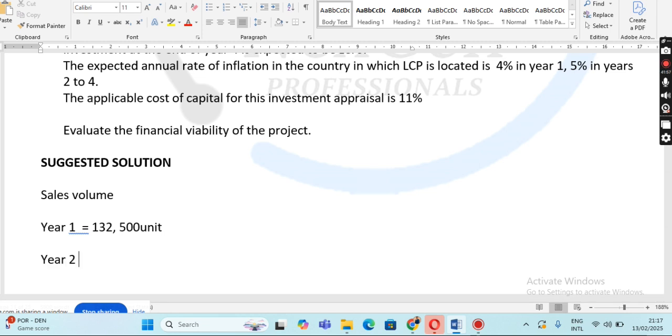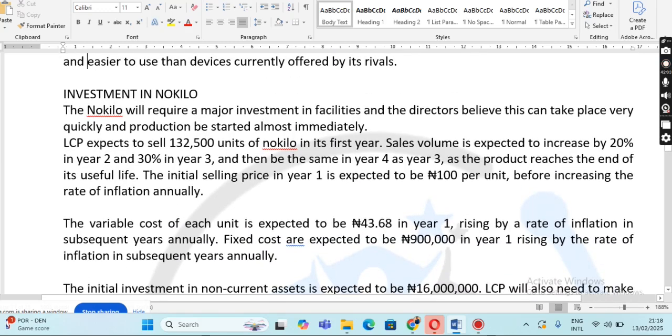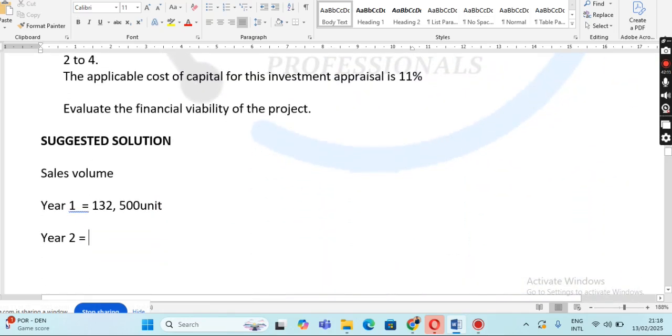Then year 2, we're told that it will increase by how many percent? Please screenshot this part. By 20%, and 30% in year 3. Please increase this by 20%.